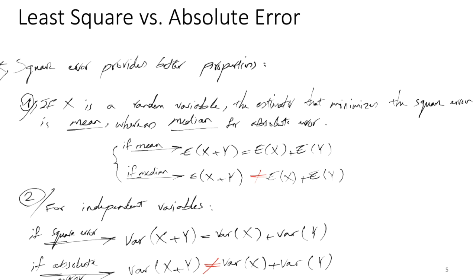Whereas if you were to use absolute error, you wouldn't be able to do that. There are so many other statistical reasons that it would take half an hour to describe. But for now, you can see that people use least square instead of absolute error because it gives them some nicer statistical properties.